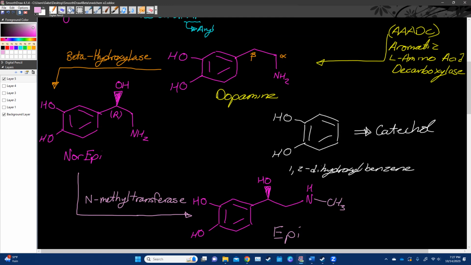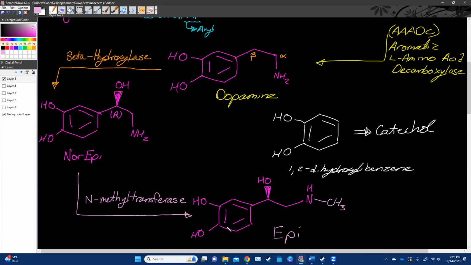What'd you miss? The reason why I drew it is because when you look at all adrenergic drugs, in some way, shape, or form, they need to mimic the catechol. So when we look at both epi and norepi, the big difference between them is at the methyl group.